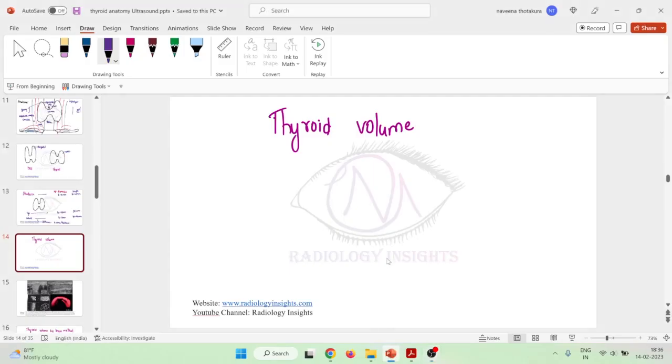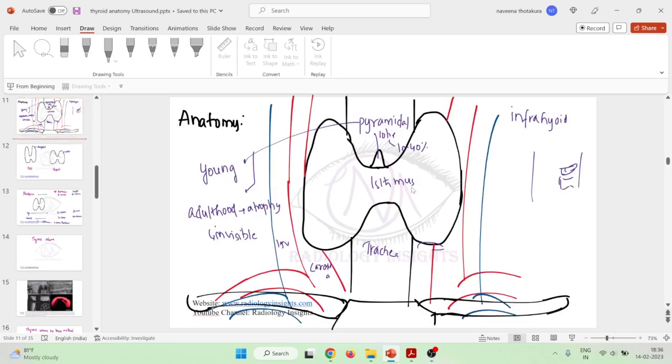Hello friends, let us now learn some important points about the thyroid volume. The thyroid gland differs in each and every individual. The size and shape of the thyroid gland, and of its lateral lobes, also differ in each individual.